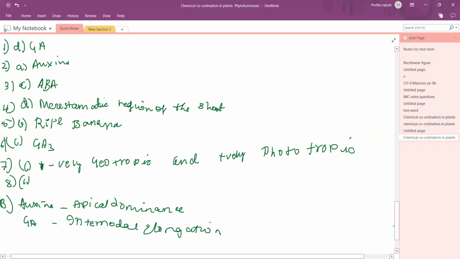Next is cytokinins. It gives cell division, fruit ripening.